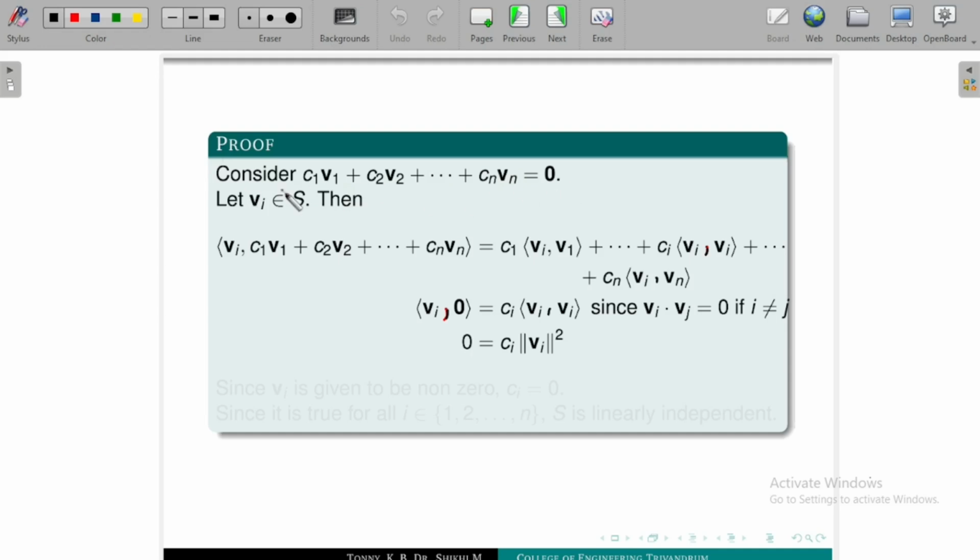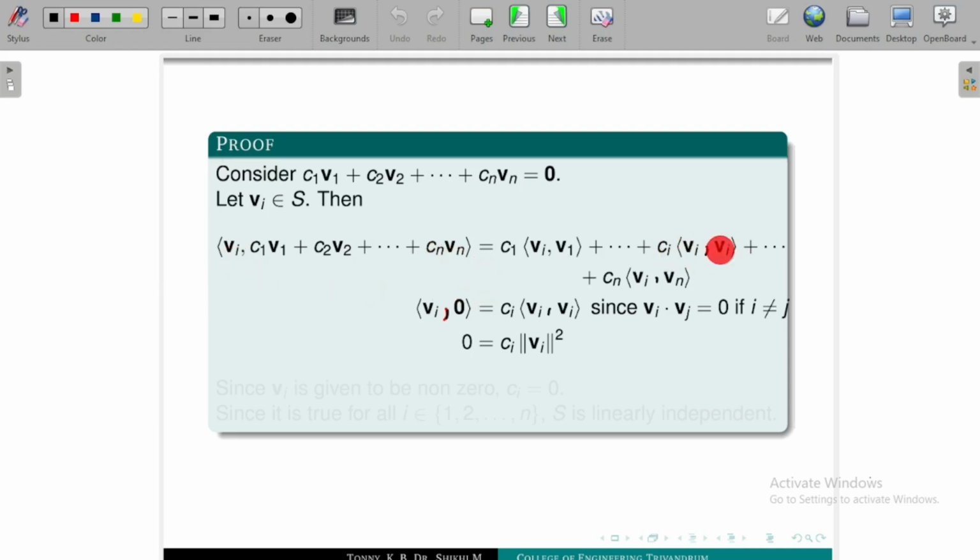That is the method. So we are taking an arbitrary element Vi belonging to S. Then we are considering a particular inner product: the inner product of Vi with C1 V1 plus C2 V2 plus etc. plus Cn Vn. This sum is a vector which belongs to the vector space V. When we consider this inner product, by the linearity property, we may write it as C1 into inner product Vi V1 plus C2 into inner product Vi V2 plus etc. plus Cn into inner product Vi Vn.